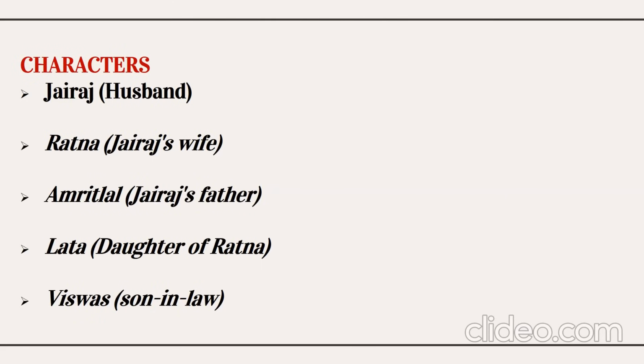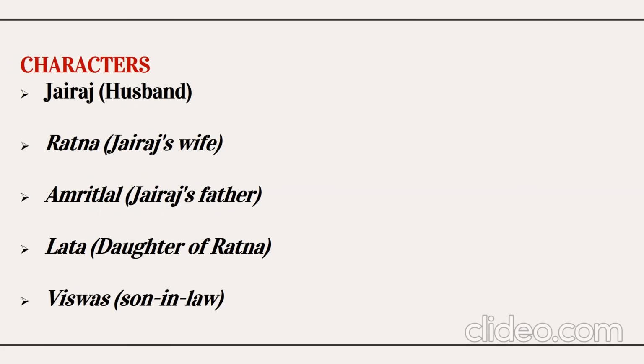That suggests the idea of homosexuality, though it is not explicitly mentioned anywhere in the text, but they think like this. So we can say, as Amritlal cannot accept his son pursuing his career as a dancer, Amritlal tries all the possible ways to stop him from seeking his ambition.